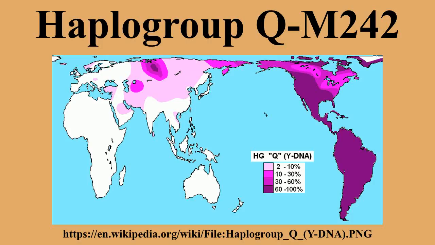Southwest Asia exhibits high frequencies of Q in northern Iran, and gradually lowering ones to the southwest. Q-M242 accounts for 5.5% in Iran according to Grugni 2012, which shows a large and well-allocated sampling. The Q samples in the study consist of various subclades such as Q*, Q-M120, Q-M25, Q-M346, Q-M378.